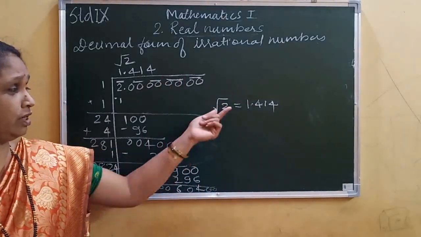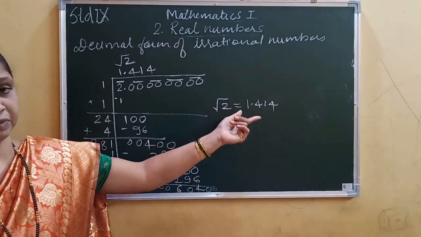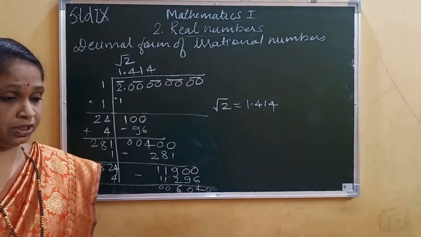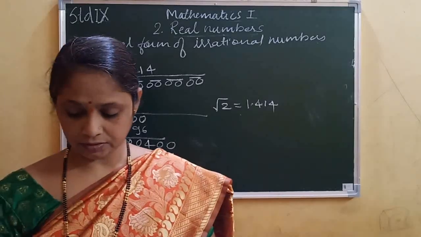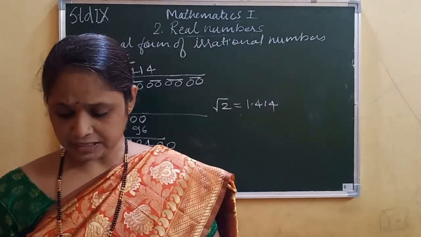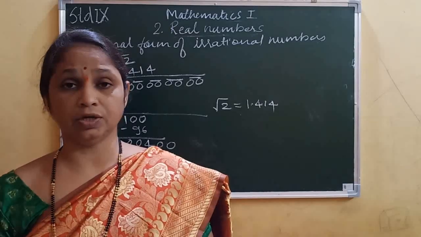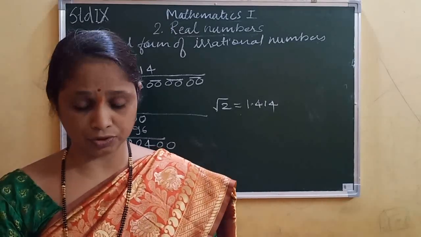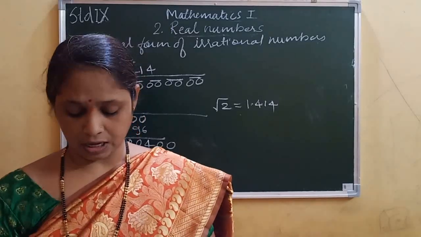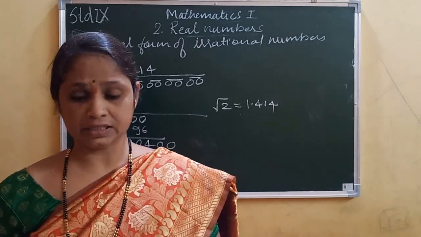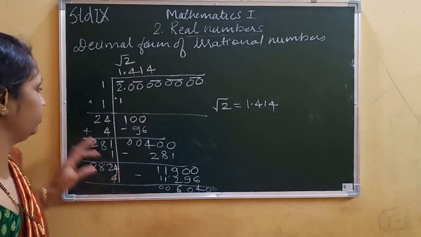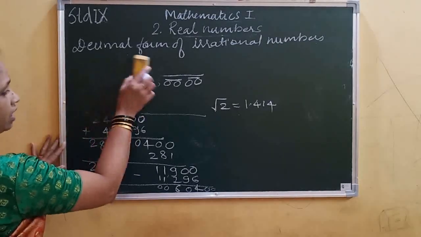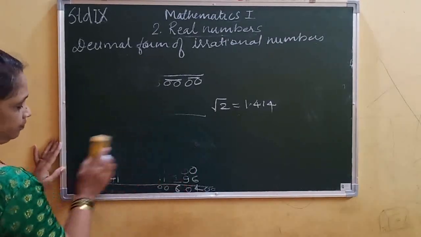Okay, we have to convert root 2 into decimal form by the division method. Next, you have to do the same for 3. 3 I will also explain. Then next, you have to do 5 and 10 as homework. Okay. Now next, you will see how we have to do root 3.